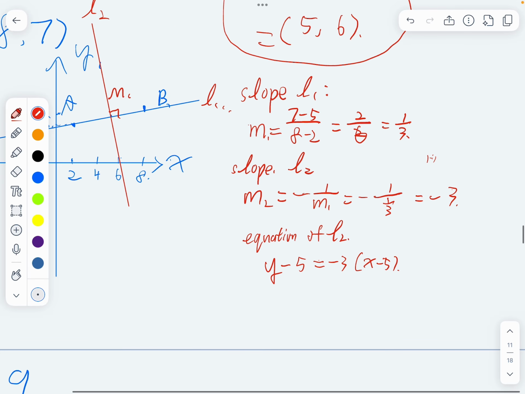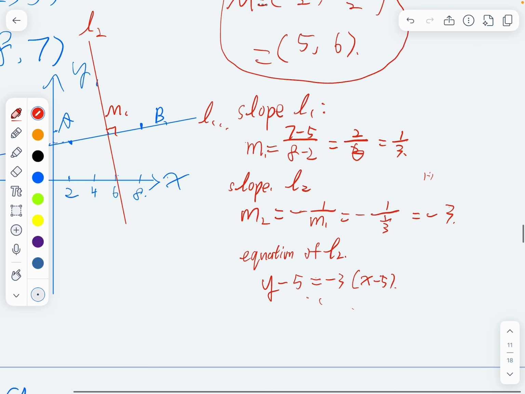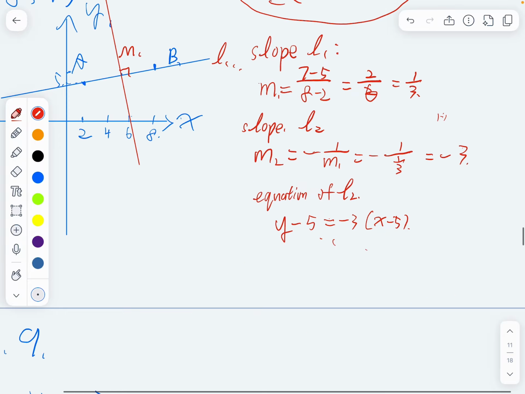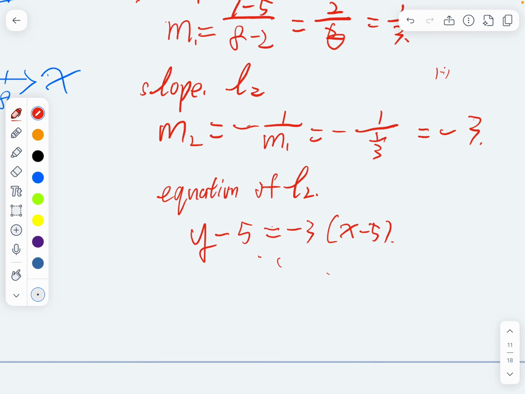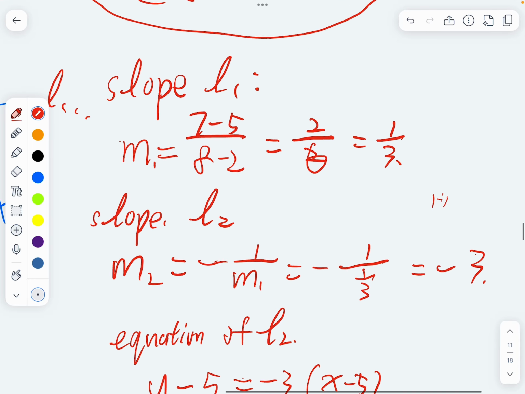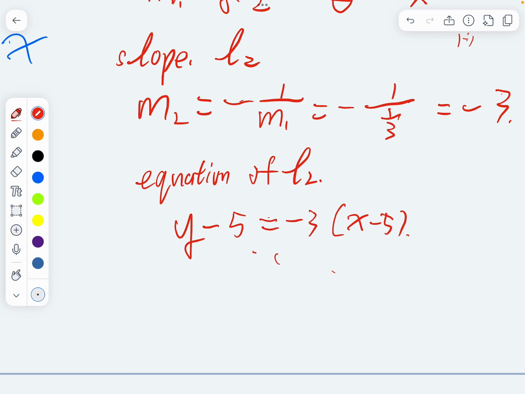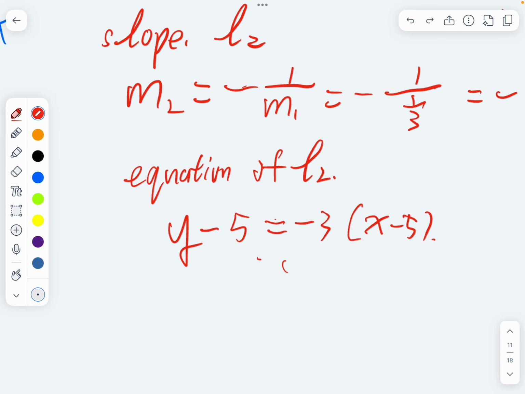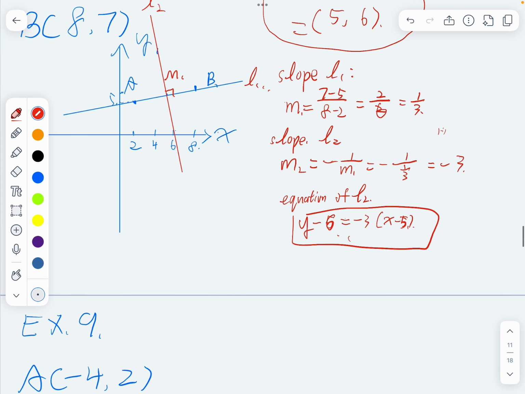We can put in any number here. So the x is 5. Now we can solve it.